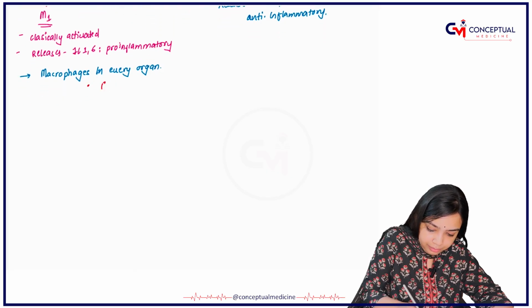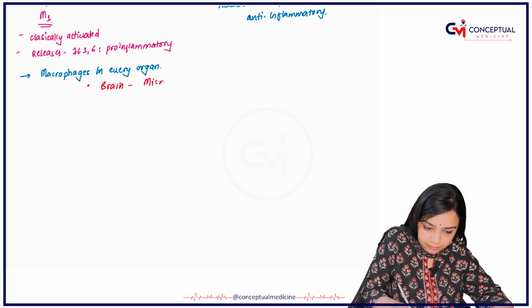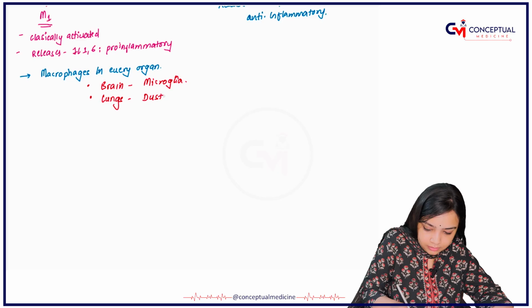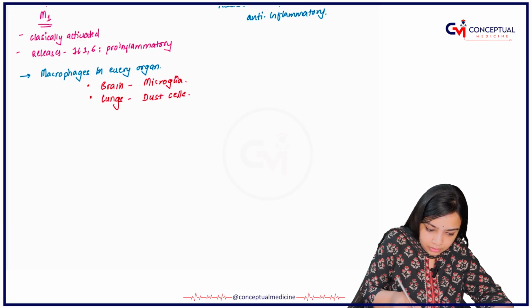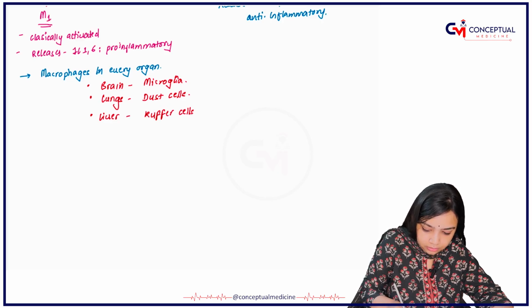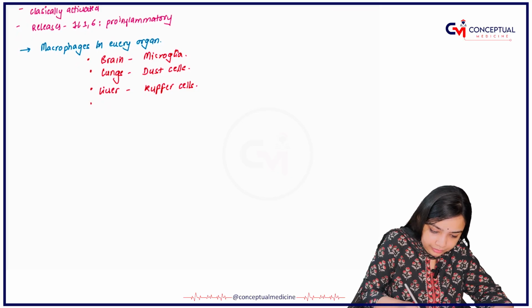Like for brain, we have the microglia. For lungs, you have the dust cells. For liver, you have the Kupffer cells, and this you know.